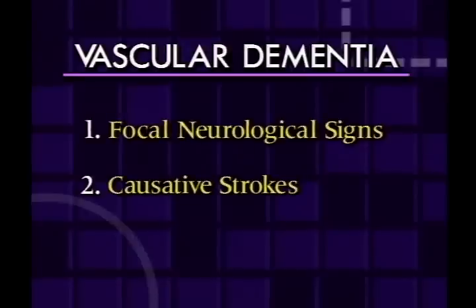And likewise, patients with vascular dementia generally have some sort of causative stroke. That is, when you scan them, you can demonstrate some sort of infarction in the brain. Vascular dementia accounts for 20% of all dementia and is probably the second most common cause of cognitive decline in the elderly.